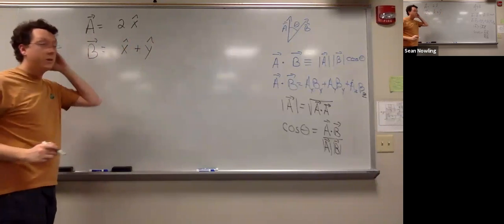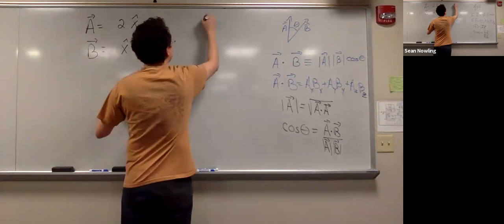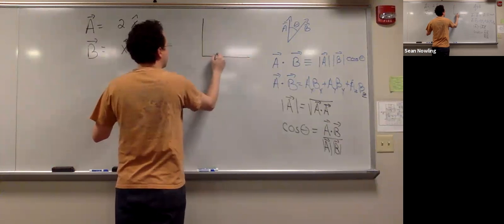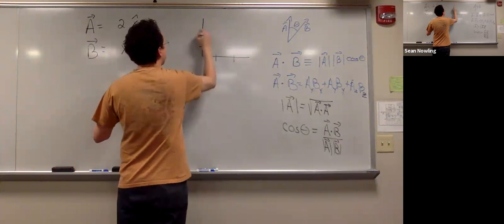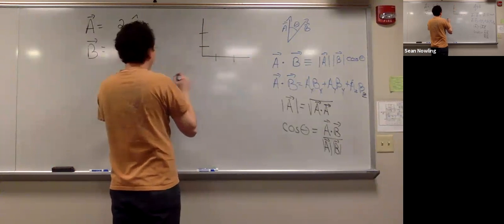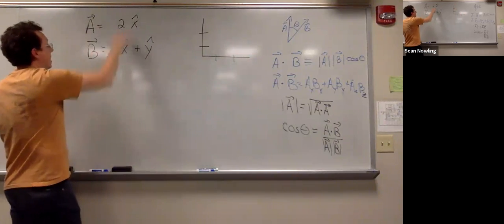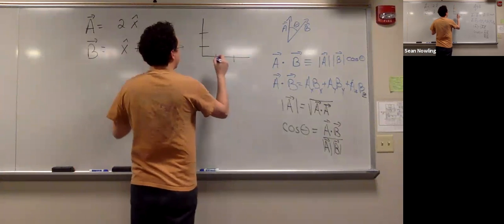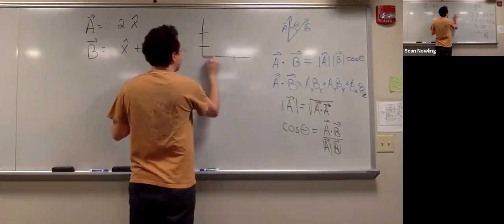So if you're picturing these, vector A would have length 2 and would point along the x direction. So A would look like this.